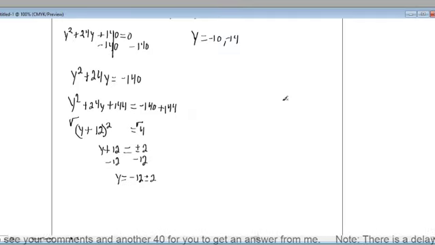Not always going to be nice, neat numbers like negative 10 and negative 14, but it will give us the answer no matter what. Because again, sometimes AC method just doesn't work with these things. It's nice when it does, sometimes it doesn't work. Completing the square will always work. Okay.